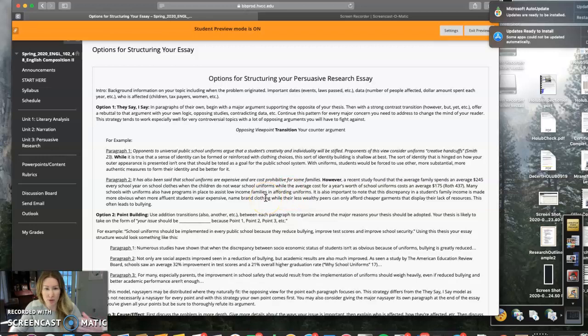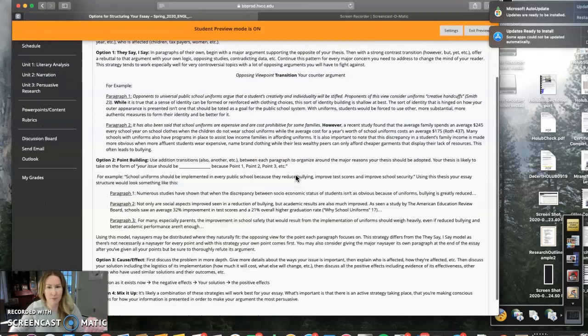Second, that there's programs to assist low-income families if somebody really can't afford the uniforms. And then also those low-income students are actually under greater chance of being victimized due to their low-income status because of the clear discrepancy in family status via the clothes that you're wearing. So that's one option. They say, I say, you kind of go back and forth. It's like a ping pong game.